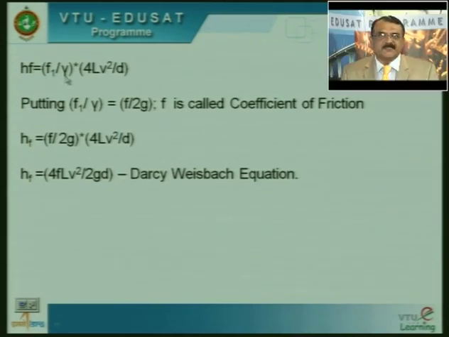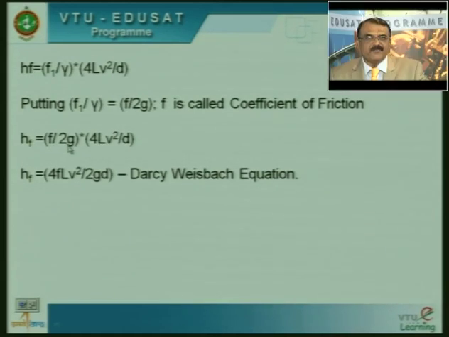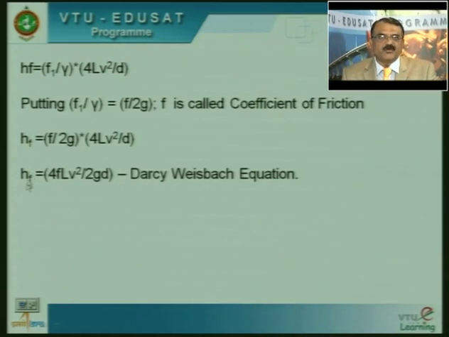If you replace F1 by gamma by F by 2G, then this equation takes the form HF is equal to F divided by 2G into 4LV square by D. If you simplify this, you are going to get HF is equal to 4FLV square divided by 2GD. This equation is called the Darcy-Weisbach equation, one of the most popular equations in fluid mechanics, especially when you are talking about friction loss in pipes.